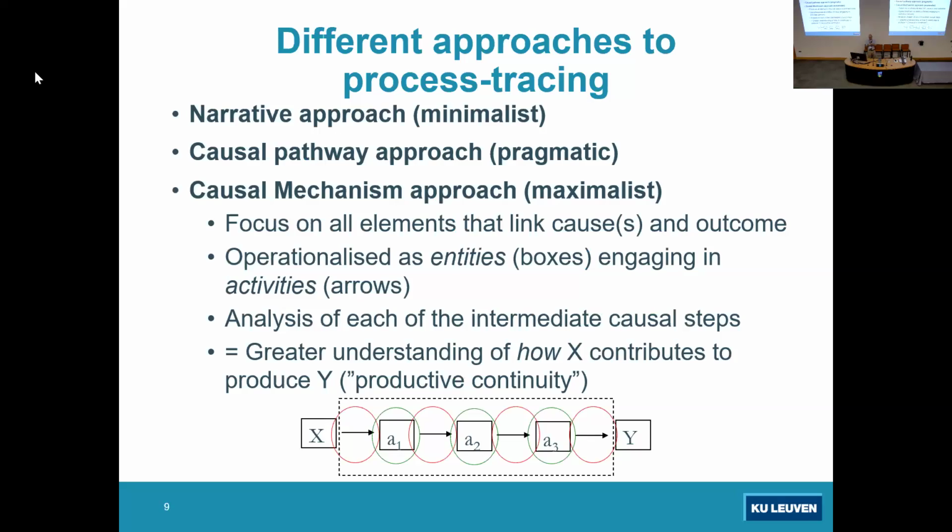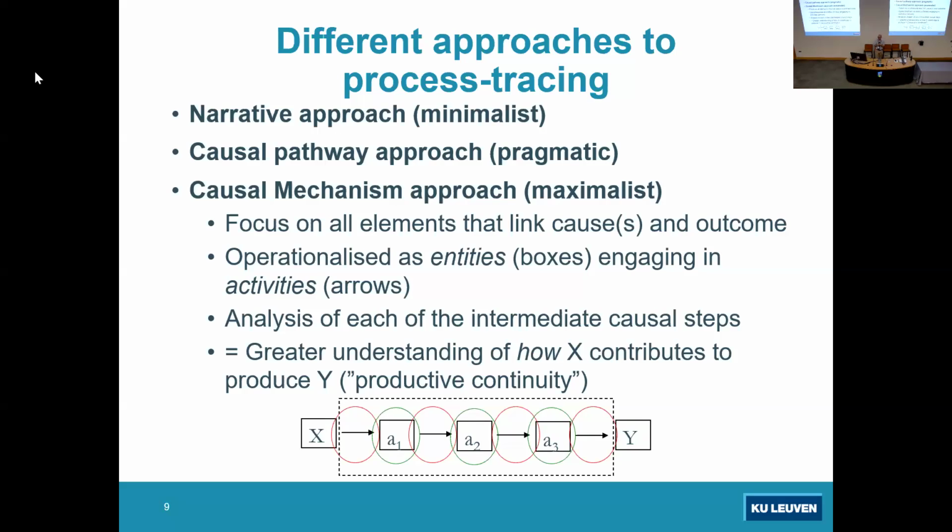A maximalist approach really goes in depth in all these interlinking elements and components. How are the cause and the outcome connected? This is in practice operationalized as entities engaging in activities.